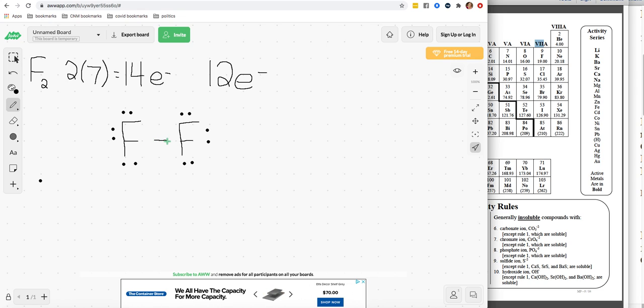2 of them are here in this single bond, and the other 12 are called lone pairs of electrons around the outside of the fluorine. So we've exactly used up all of our electrons, which is what we need to do at the end of this. And we also have given each atom what's called an octet of electrons, which means there's 8 around it.